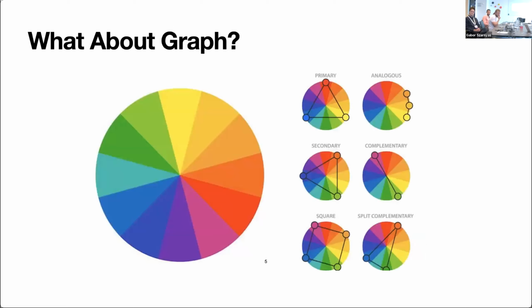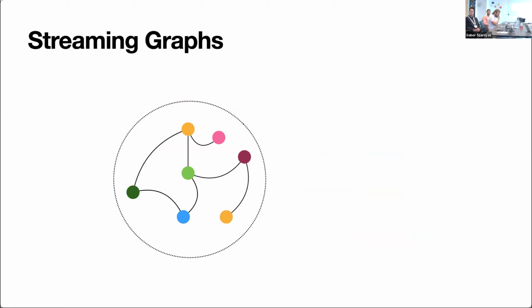Now, what about graphs? Continuing on the example of colors, let's try to make it visible. I take my naming from Vasia's survey, but adding something of my own. So let's start with the streaming graph. As Vasia said, the streaming graph is a graph that keeps growing over time. Now I have a couple of edges.